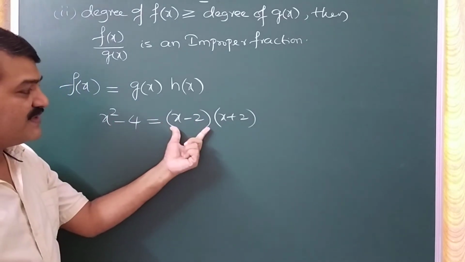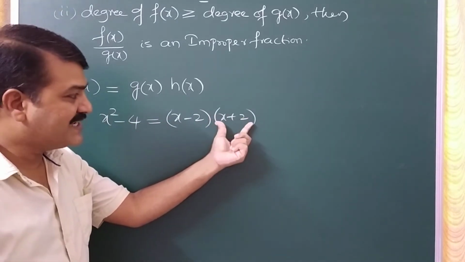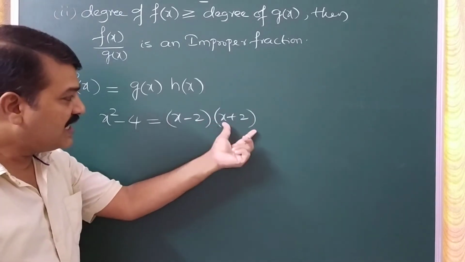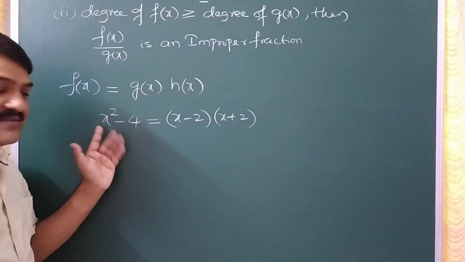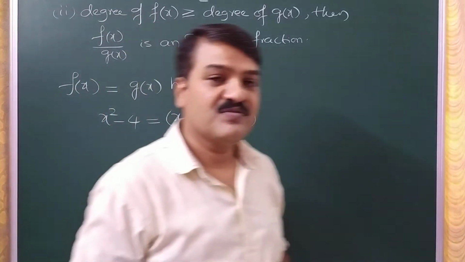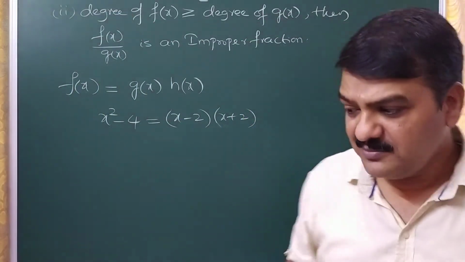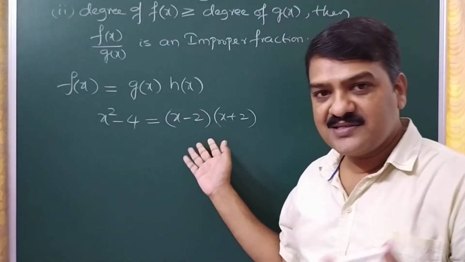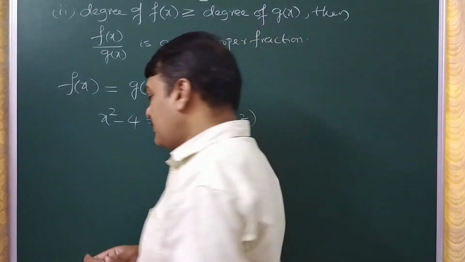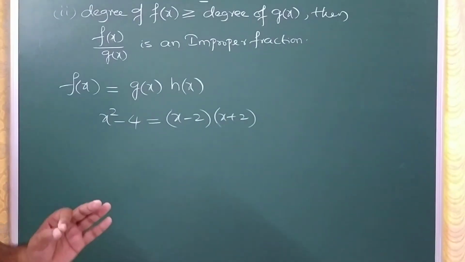What is the degree of the first factor? 1. What is the degree of the second factor? 1. Both are of lesser degree than this. Therefore, x squared minus 4 is reducible. In simple words, when you can factorize, it is reducible. When you cannot factorize, it is irreducible.